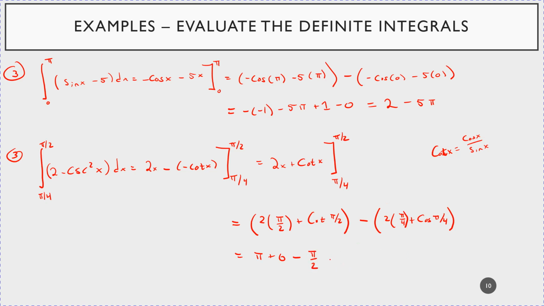And then minus, sorry, I wrote cosine, it should be cotangent. Cotangent of pi over 4. Well, right, cosine of pi over 4 and sine of pi over 4 are both square root of 2 over 2, so this is just 1. And then look, just cleaning this up, pi minus pi over 2 is just pi over 2, and then minus 1. We got it.